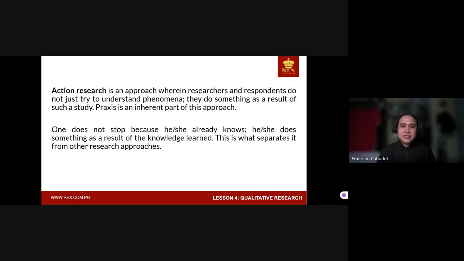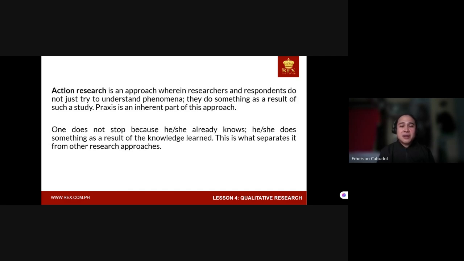Action research is a qualitative approach focused on solving practical problems in a specific context. It's not just about understanding a phenomenon, but about taking action to improve a situation based on that understanding.